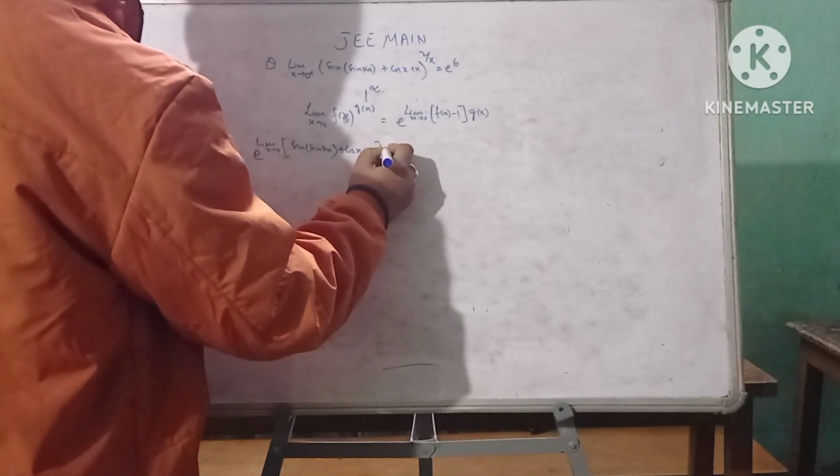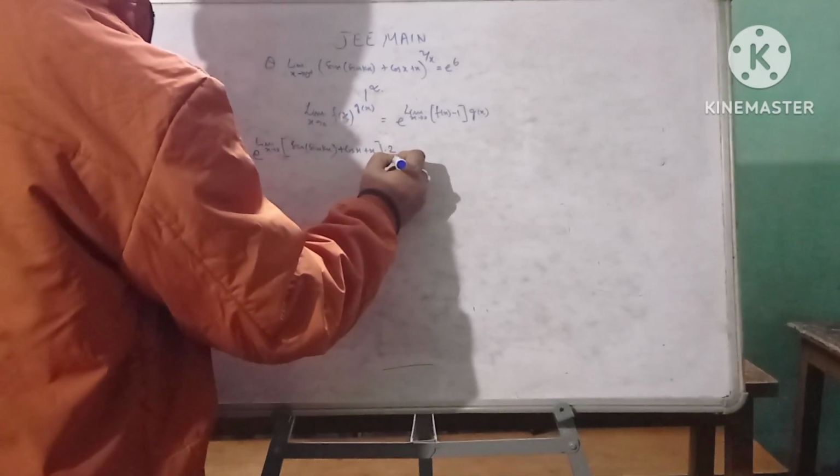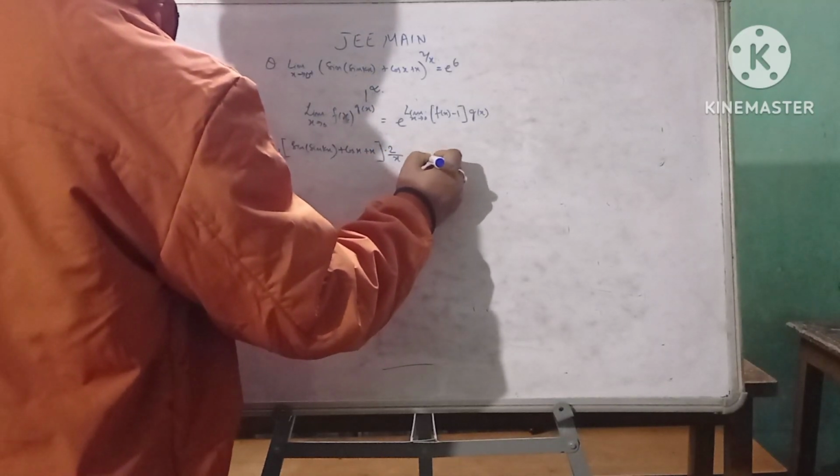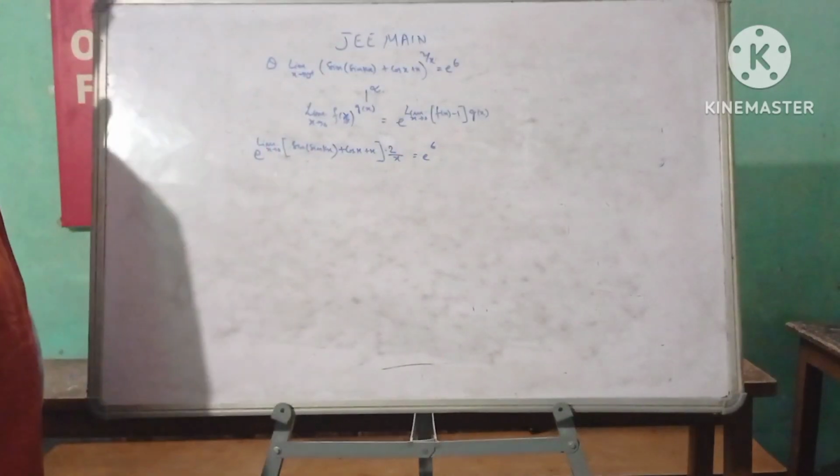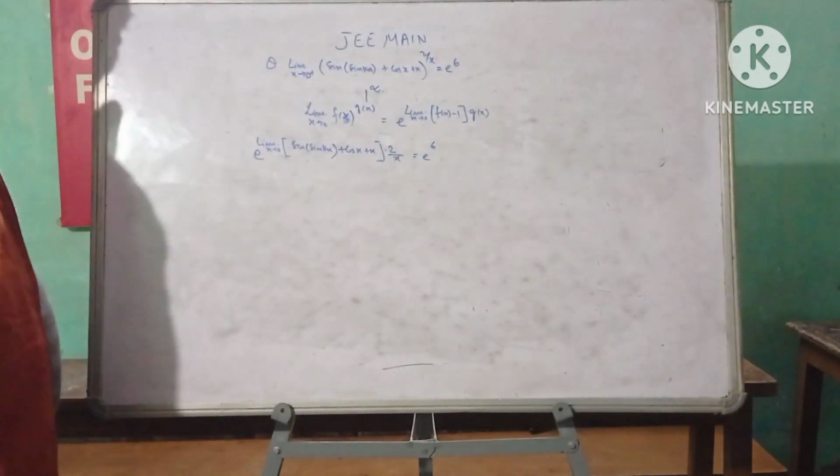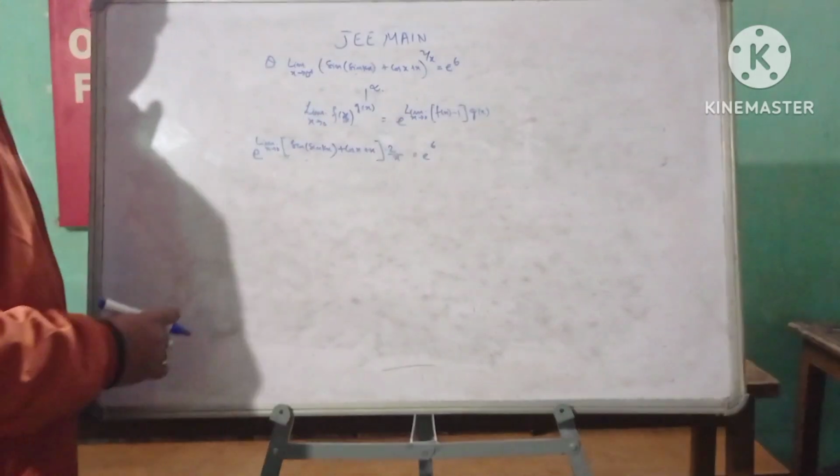That means into 2 by x is equal to e to the power of 6. Now I'm going to solve this as per this rule.